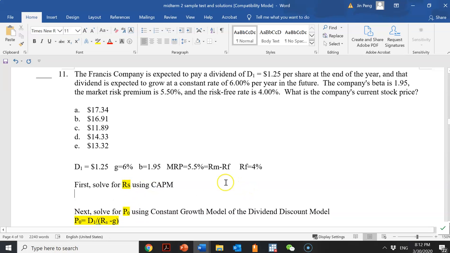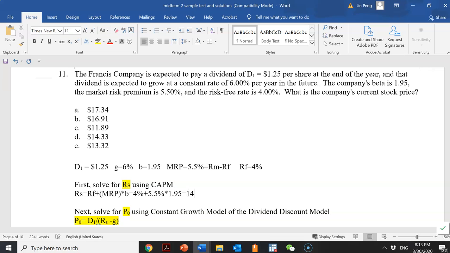Okay, so the required rate of return of this stock RS would be equal to RF plus market risk premium multiplied by beta. Remember, market risk premium is RM minus RF. So here we can just use 4% plus 5.5% multiplied by beta, 1.95.